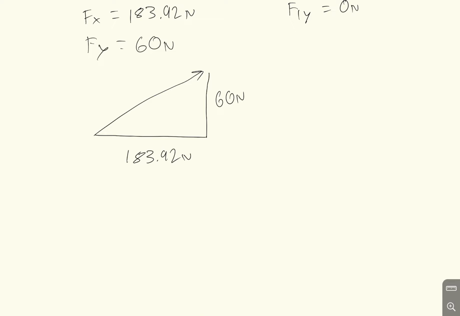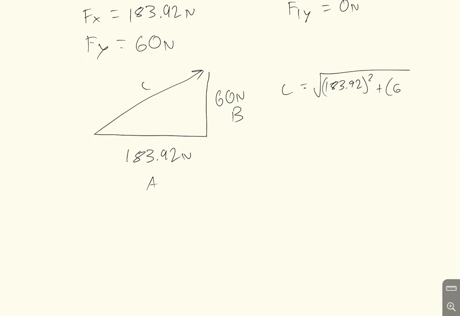And then, so let's make this our A, this our B, and this our C. We can use Pythagoras theorem. So C is equal to the square root of 183.92 squared plus 60 squared. And C is equal to 193.46 newtons.